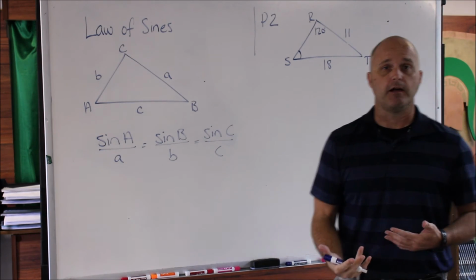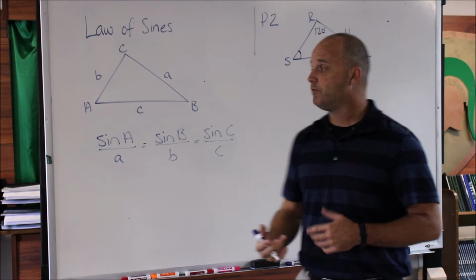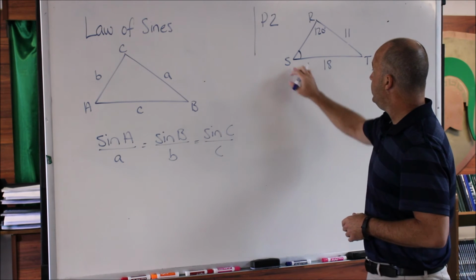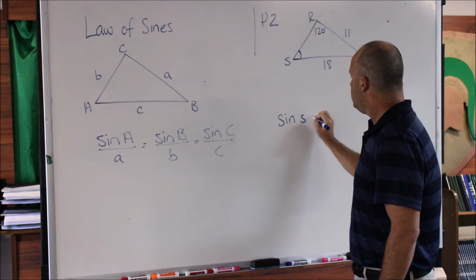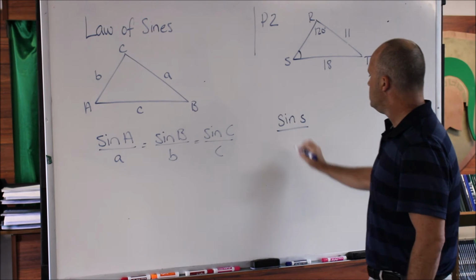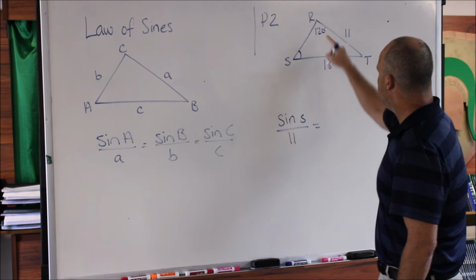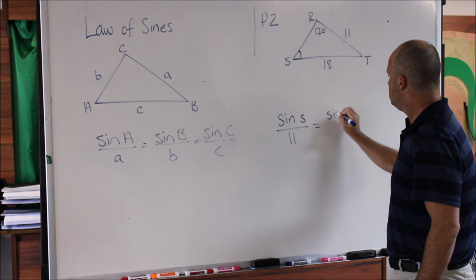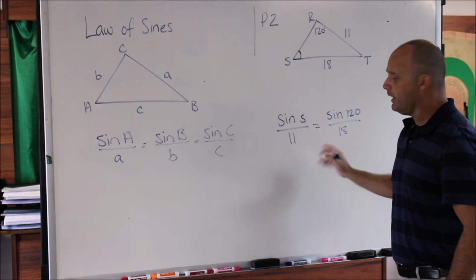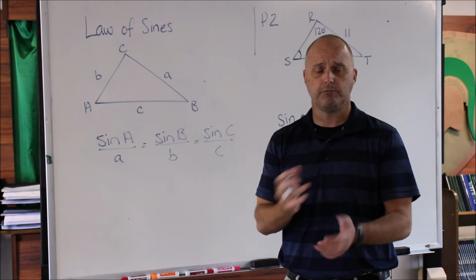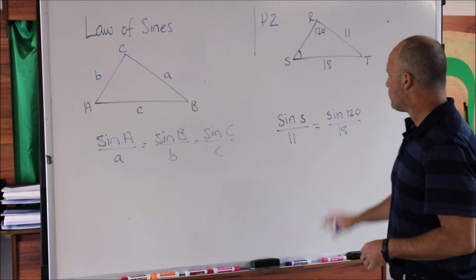So let's go ahead and set up using our law of sines. So we're going to go the sine of S over 11 is equal to the sine of 120 over 18. All right, so now go ahead and do your cross multiplication because we're working with proportions.